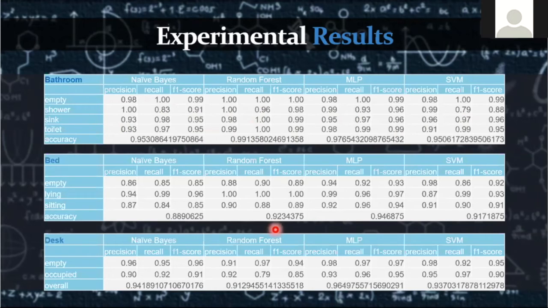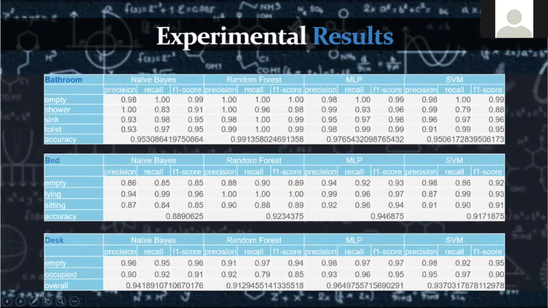For the bed case, the MLP often gives the highest accuracy, around 94%, and among all the 3 classes, the lying class gets the highest F1 score most of the time, while the empty state and sitting state are often recognized as each other.